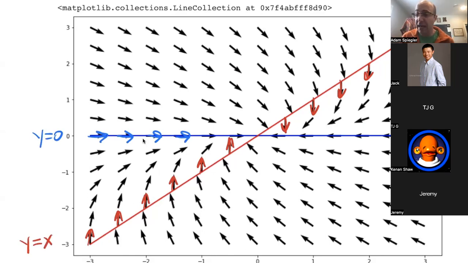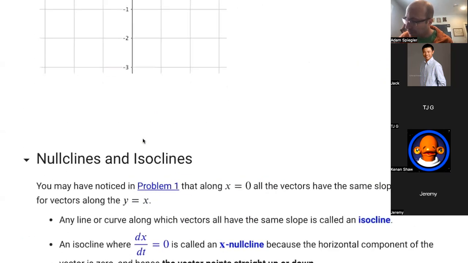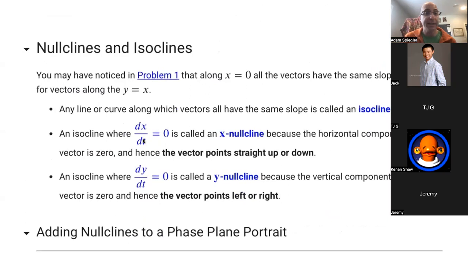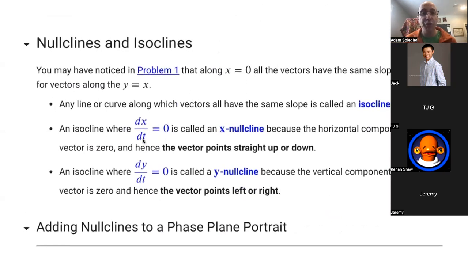And so these two lines are what are called isoclines. An isocline is a line through the phase plane where all of the vectors have the same slope. We'll see some other examples of isoclines besides what we're going to take a look at today with x and y-nullclines shortly.